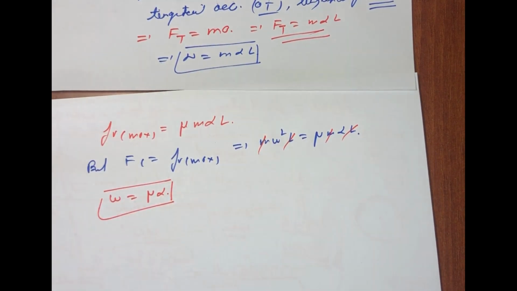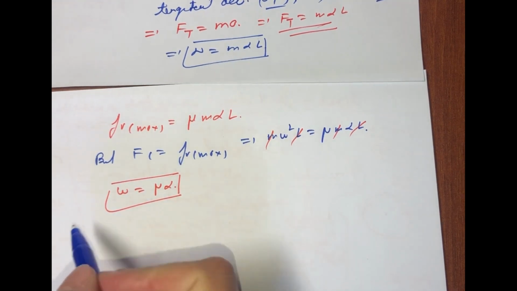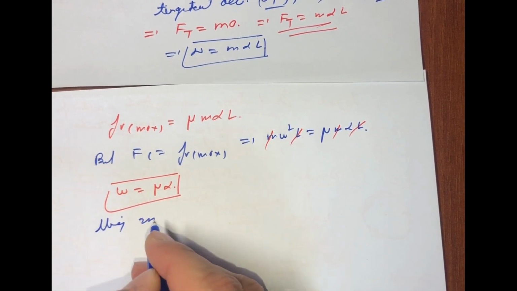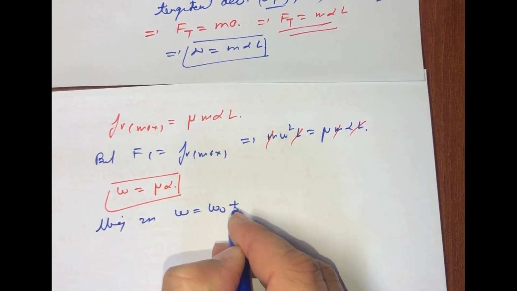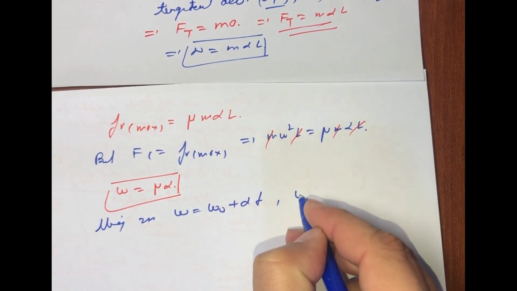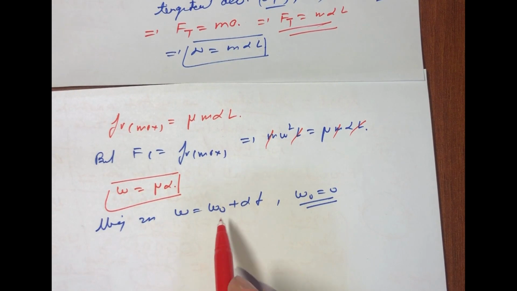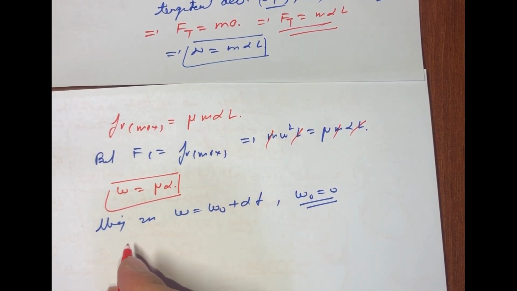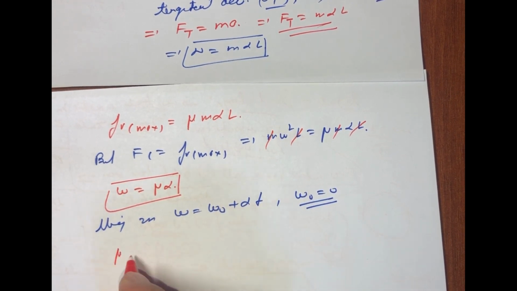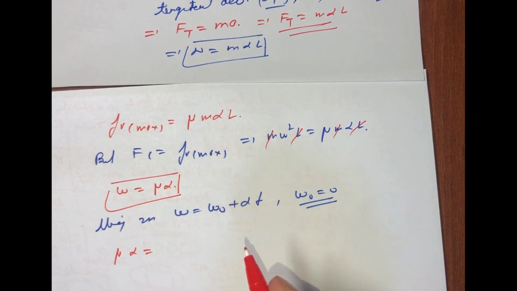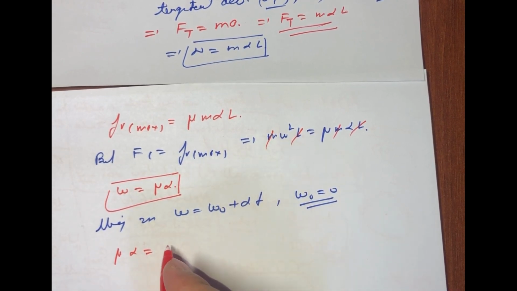Now we can use the equation of motion, omega is equal to omega naught plus alpha t, where omega naught is 0, that is the initial angular velocity. The final omega we know is the square root of mu alpha. We substitute it here, so we get the square root of mu alpha is equal to alpha t.